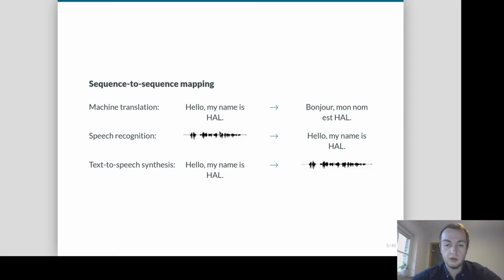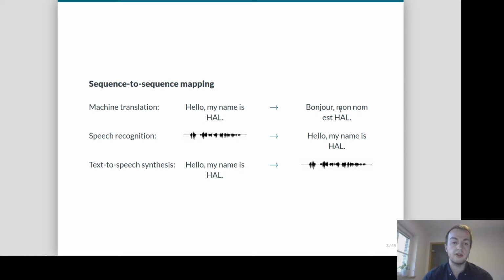And then what we want to do is to find some function or to define some probability distribution which would map this input sequence into either another output sequence or to a probability distribution over sequences.